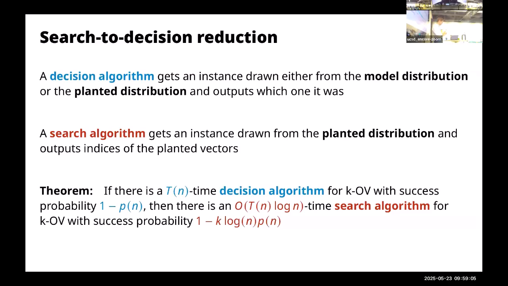So formally, the theorem that we prove is that if I have a decision algorithm that runs in some time t of n and has, let's say, failure probability p of n, then I get a logarithmic increase in the running time, a constant k times log n, and a similar increase in the failure probability.